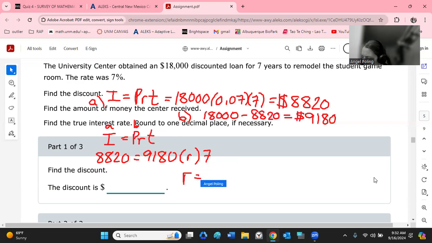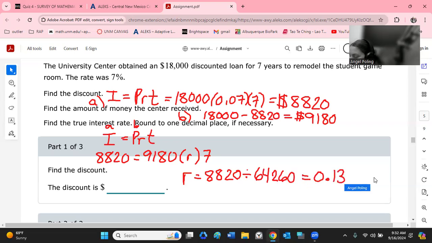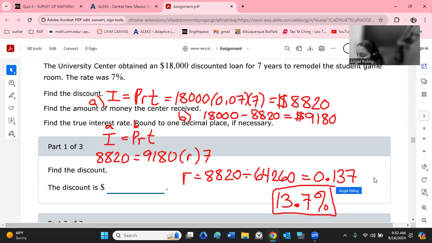So R, in fact, is 8,820 divided by 7 times 9,180, which is 64260. And that gave me 0.137, which is 13%. It's actually 13.7%. So you have to find your cent location to find your percent. And then that's part C.